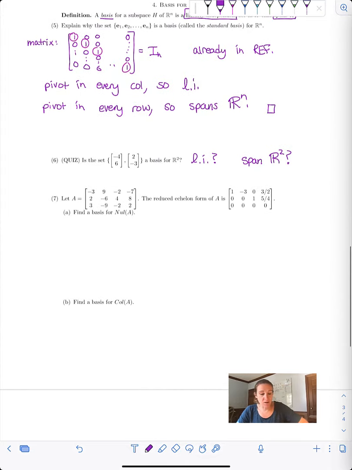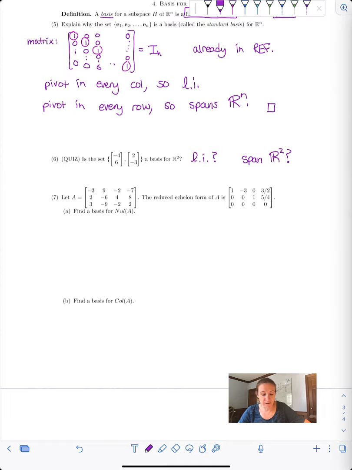Okay, so now let's talk about finding a basis for the null space of a matrix. We start with a matrix A, and I went ahead and recorded the reduced echelon form of A, and we want to find a basis for the null space. Remember, what we're looking for is vectors that are linearly independent and span the solution set to Ax equals 0. So we can write down this set of equations.